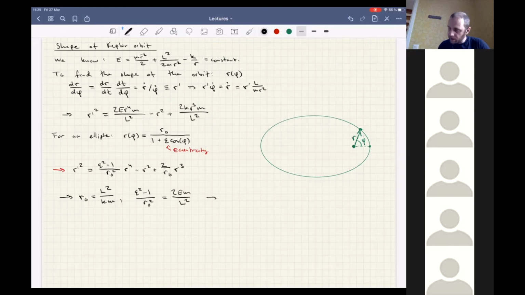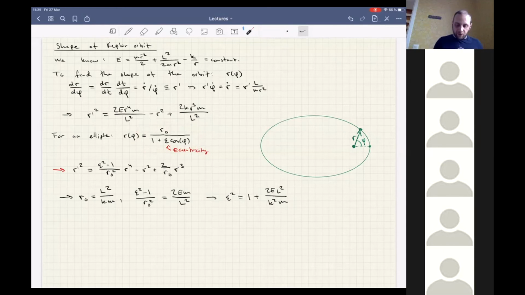So if you solve for epsilon, epsilon squared is 1 plus 2E L squared divided by K squared m. And note now that since we had an energy E, which is negative for a bound orbit, this epsilon is going to be smaller than 1 for bound orbits. Which is good, because that means that we have an ellipse and not the hyperbola.